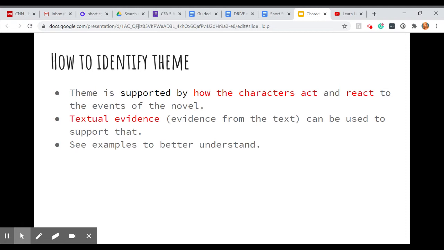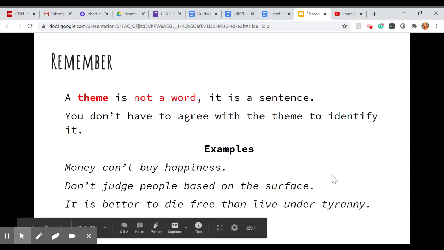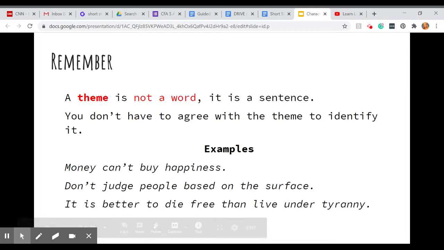So that's where that textual evidence comes in. You have to use that to support your theme. You've got to have evidence from the book to back up whatever you think the theme is.